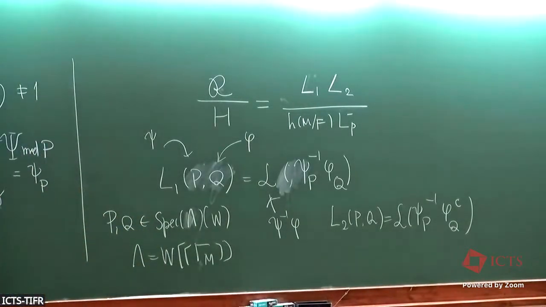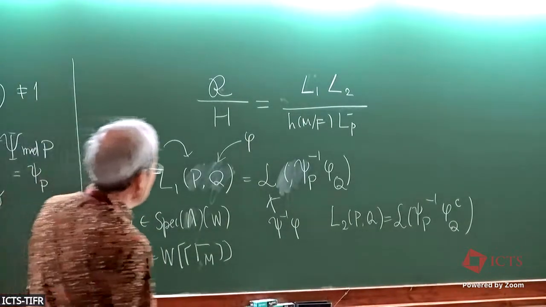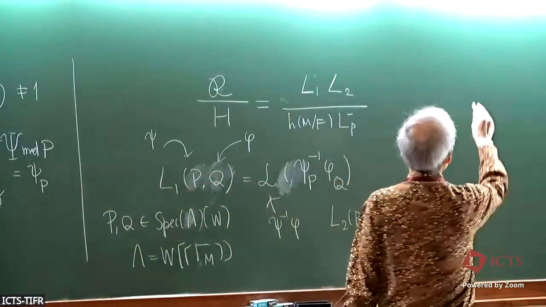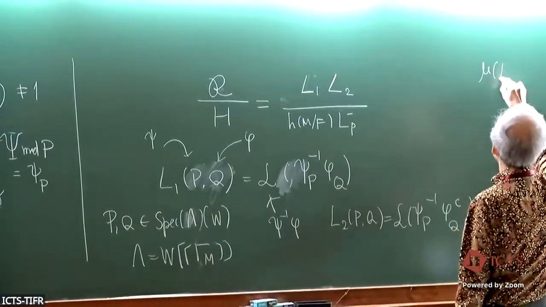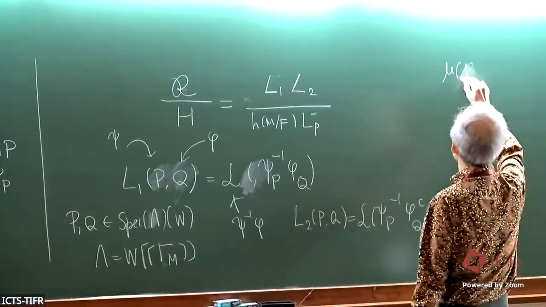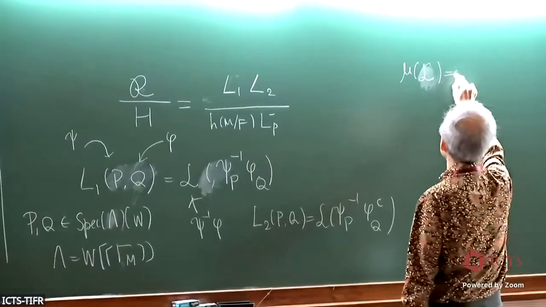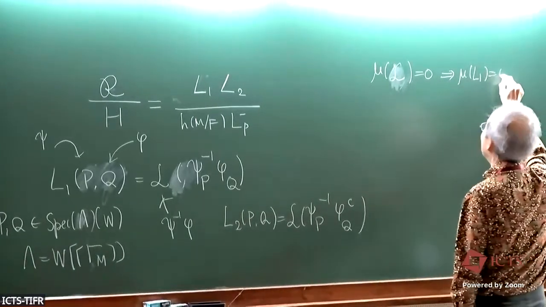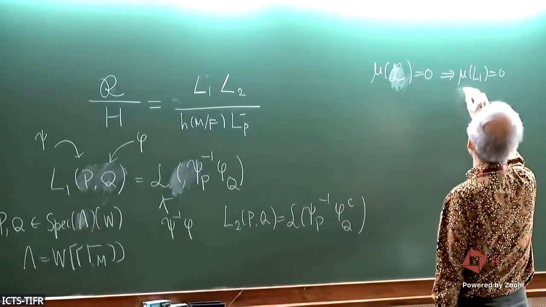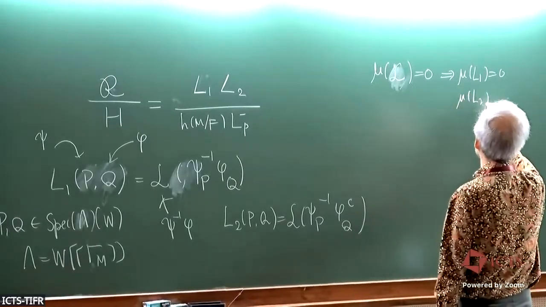Okay, so what I need to prove is that if mu invariant of this kind of L, this Katz periodical itself is 0, then mu of L1 is 0, and mu of L2 is 0.